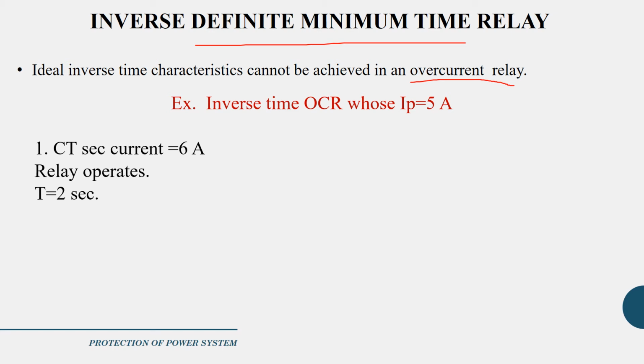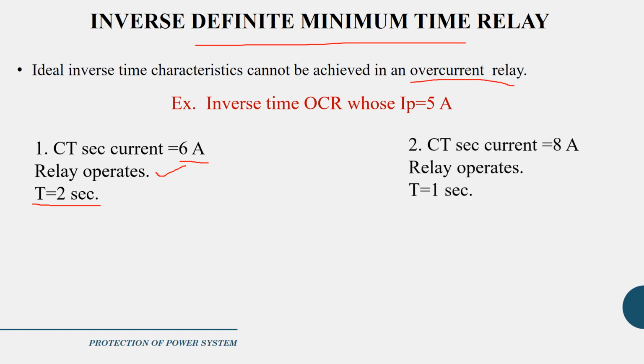When a fault has occurred and the CT secondary current measured is 6 ampere for a particular system current, since 6 ampere is greater than the pickup value of the overcurrent relay, the relay will definitely operate. Let us assume the time taken by this relay is 2 seconds.